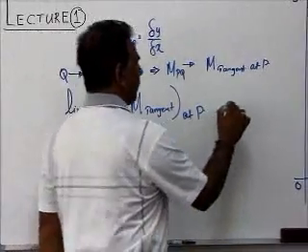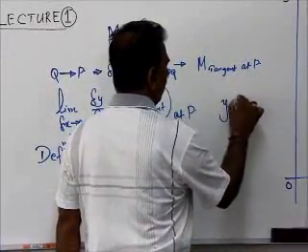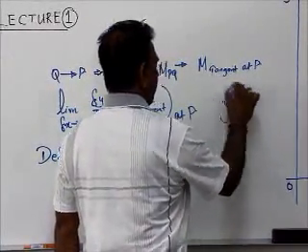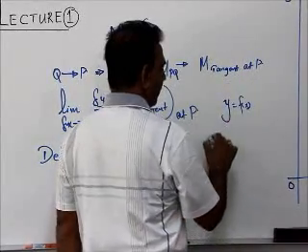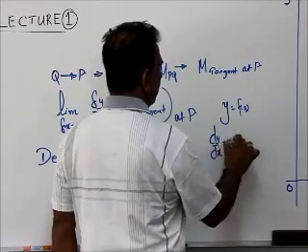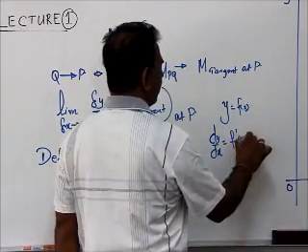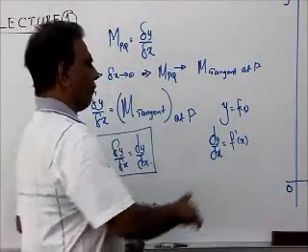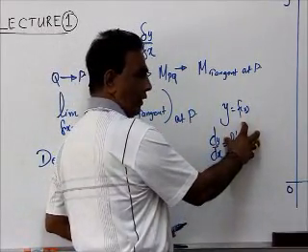If they give y is equal to f(x), and you find dy by dx, then you will get another function. We can call that function f dash x. So what is the meaning of f dash x? This is a variable function.